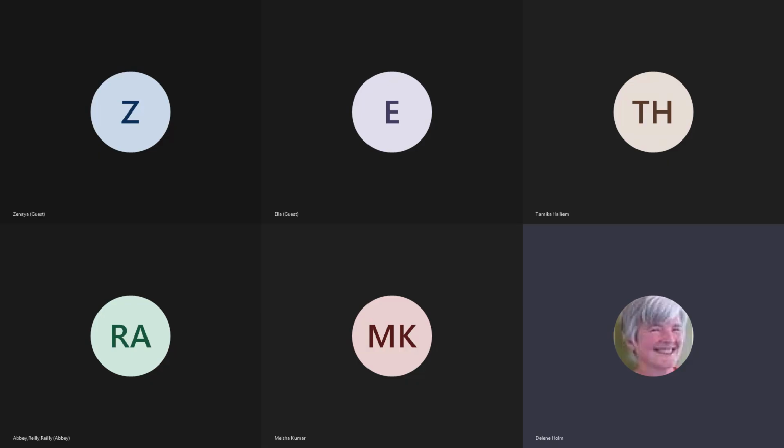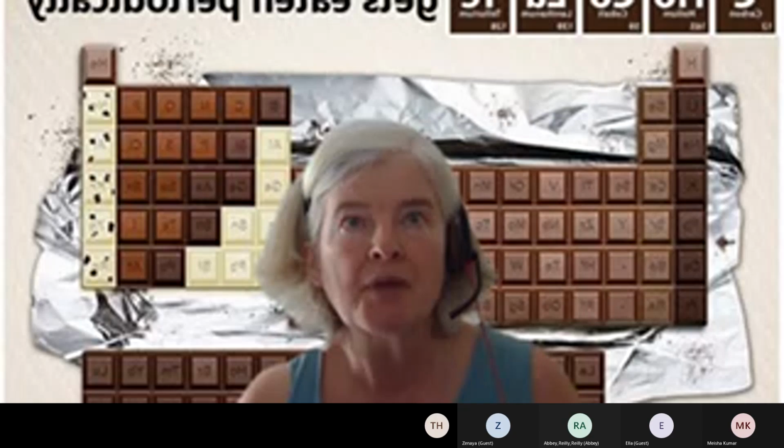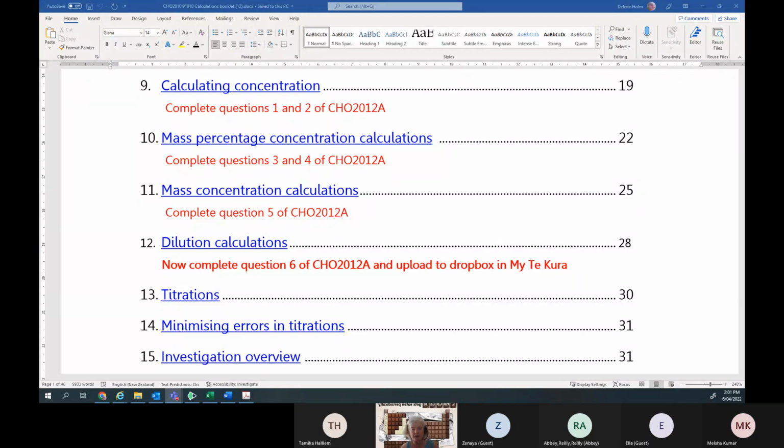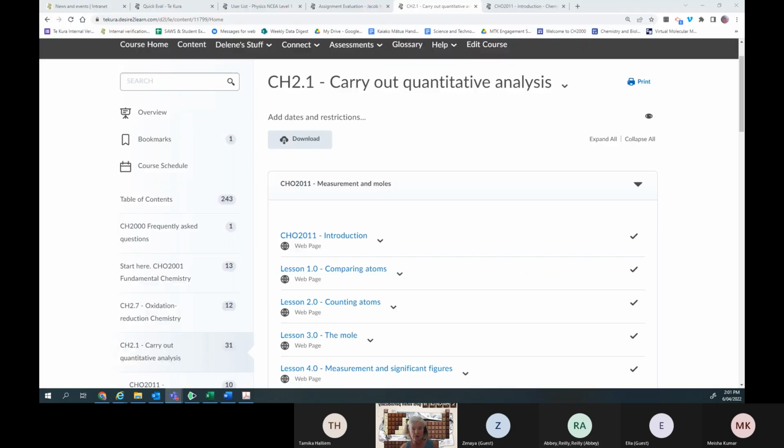See the screen, and it's the booklet. So a very quick reminder, hopefully everybody knows where to get the booklet: if you go to the level 2 course and you go to content, then you will see the 2.1 standard over here, and look at the first one, the introduction.